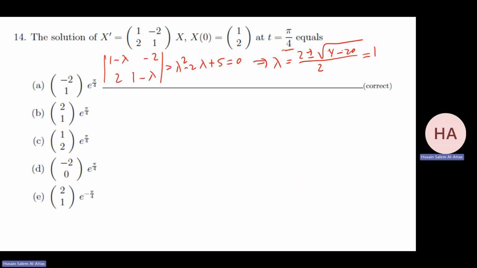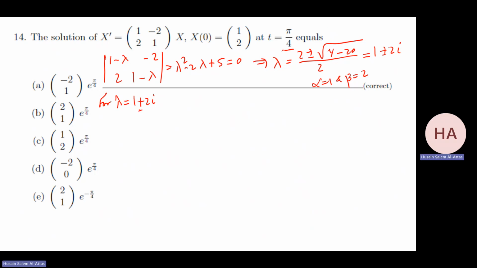So I have 1 plus or minus 2i. Okay, so alpha equals 1, beta equals 2. So I'll work out the eigenvectors for lambda equal 1 plus 2i. Since it's a procedure, I need the one with the plus.